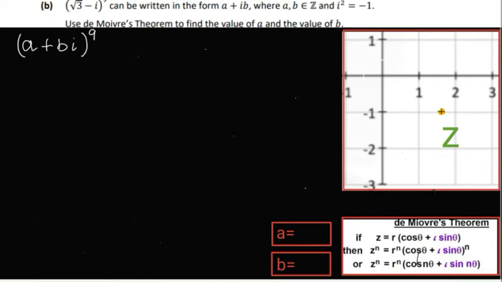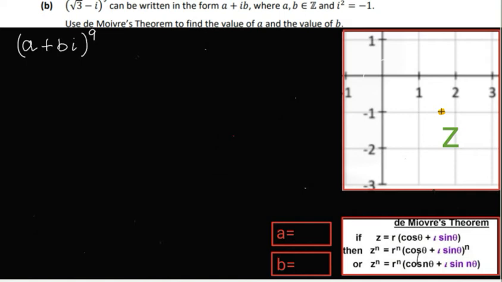And down here, you can see with De Moivre's theorem, z is equal to r cos theta plus i sin theta. If we apply a power in, then we can bring the power in with the r, which is the modulus, the length from the origin, and also the angle, and that's called the argument.